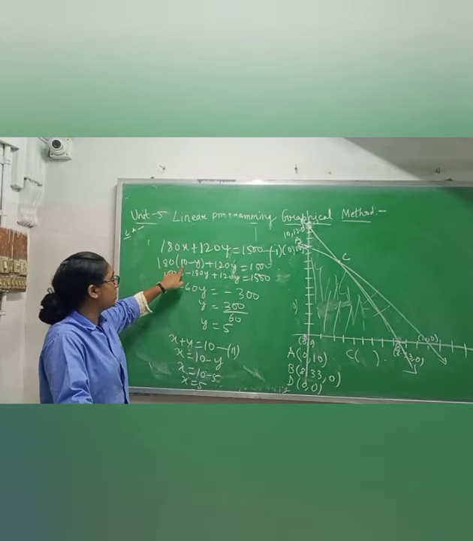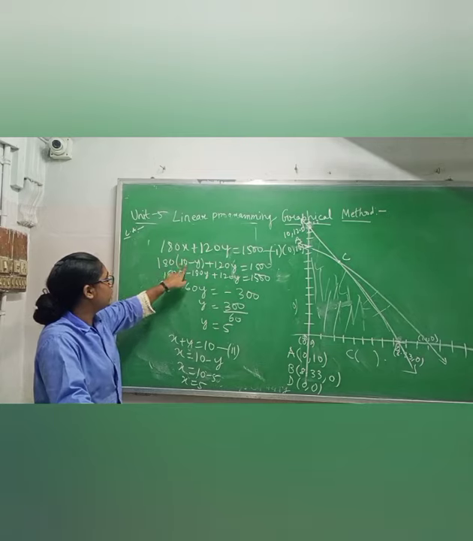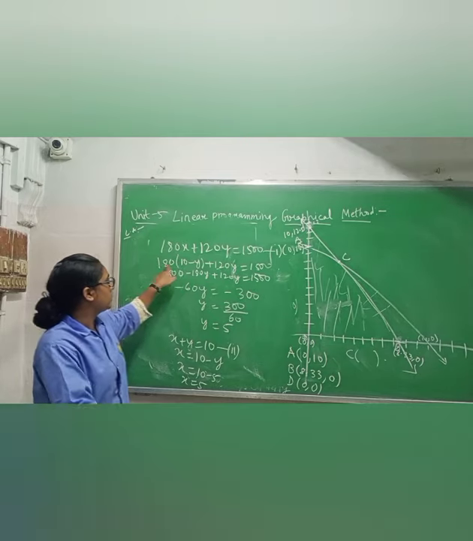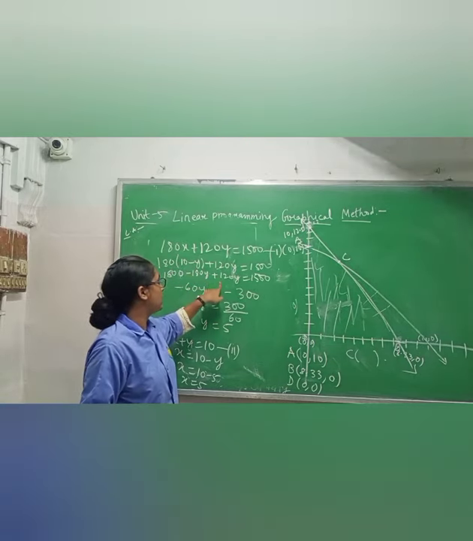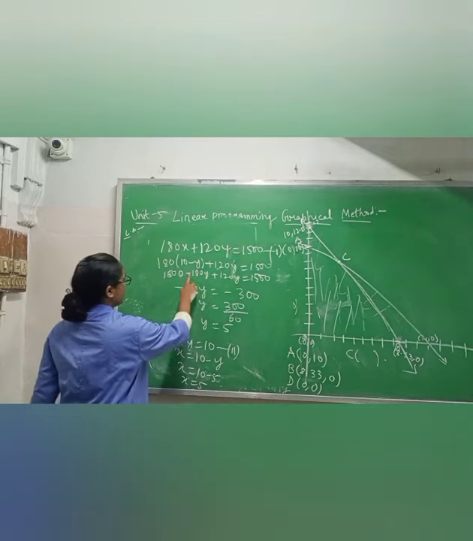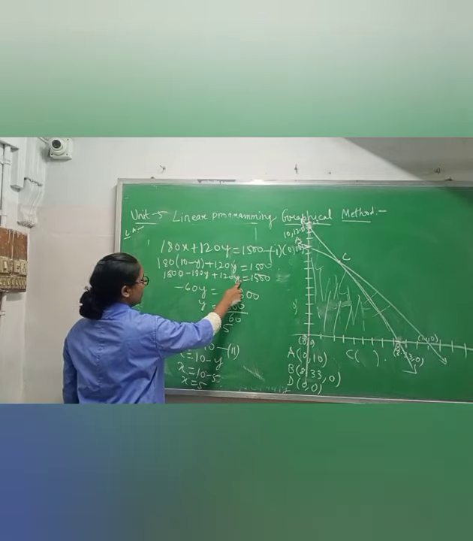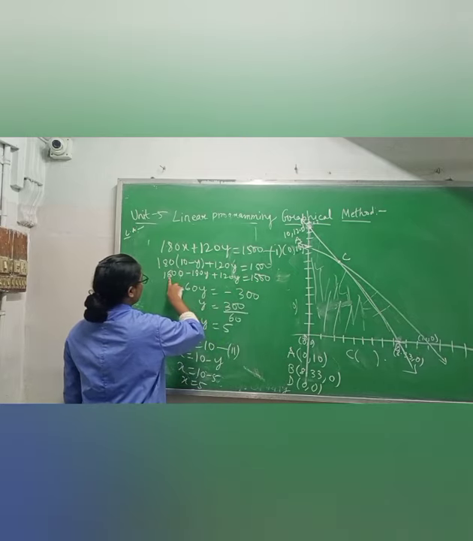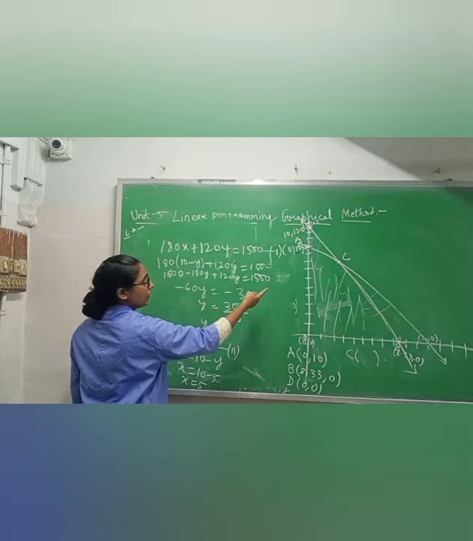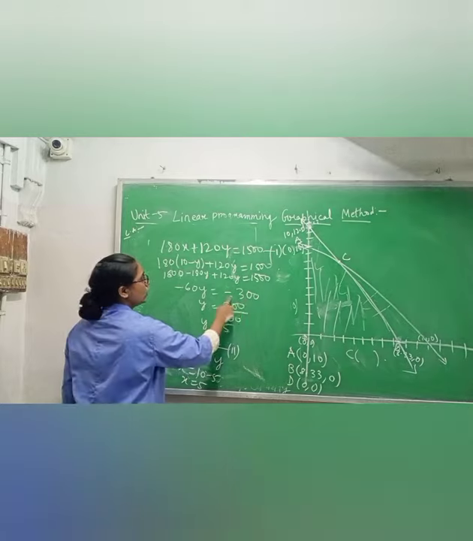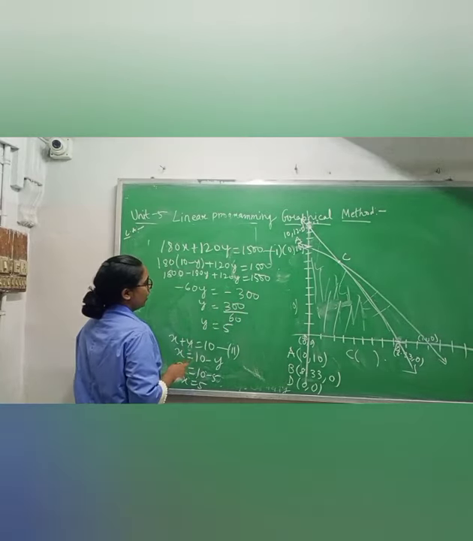In place of x I am putting 10 minus y. So 180 into 10 is 1800, then 180 into y is 180y, plus 120y, then this. Now minus 180y plus 120y gives minus 60y, 1500, and this 1800 will go that side and become minus 1800, so you will get minus 300.